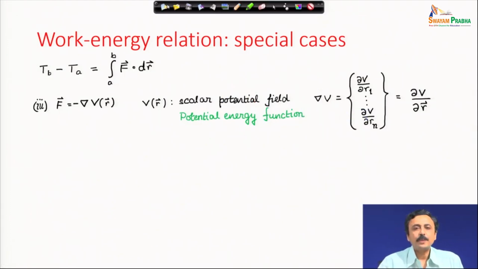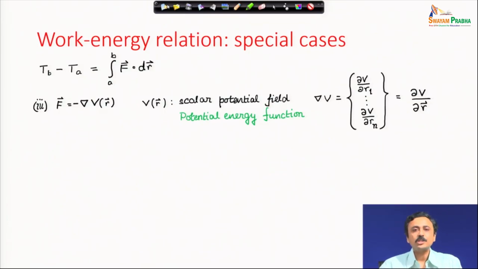The third special case of the work energy relation is when F is the negative gradient of a scalar potential V. V is a scalar potential field, that means at every point in space there is a value of this potential.